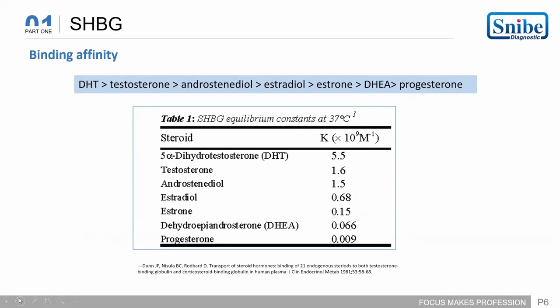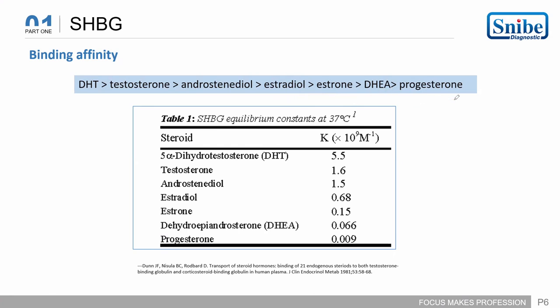So, what is the binding affinity of this SHBG? Basically, dihydrotestosterone is converted into testosterone, and then testosterone is converted into androstenediol, and then estradiol, and then estrone, DHEAS and progesterone.